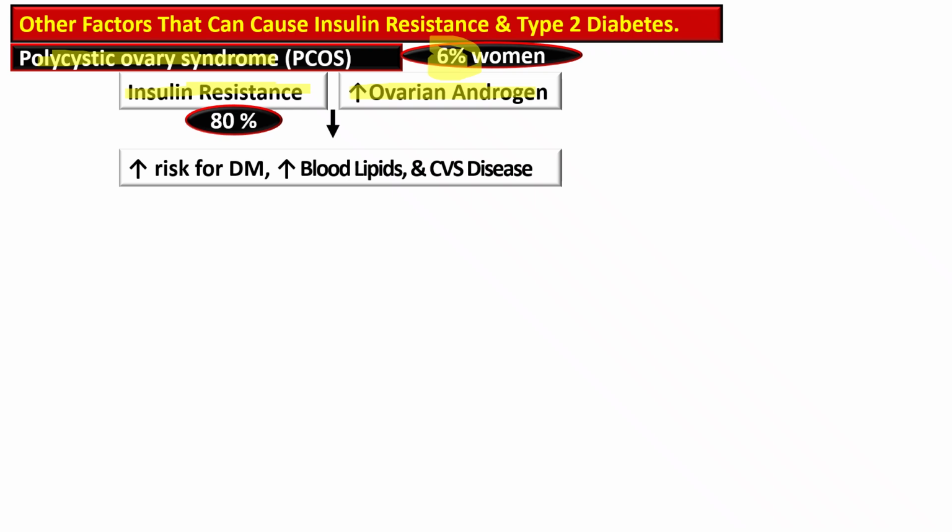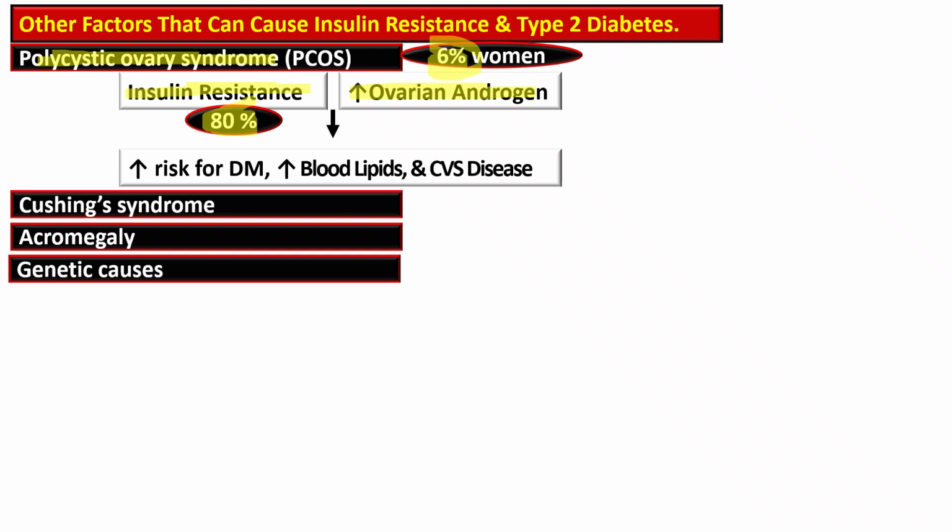So there is hyperinsulinemia, that is elevated insulin level, which exacerbates androgen production in the ovaries, and this results in a cycle of insulin resistance and hormonal imbalance that is seen in about 80% of the women.